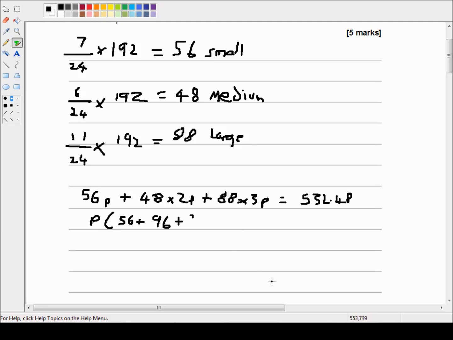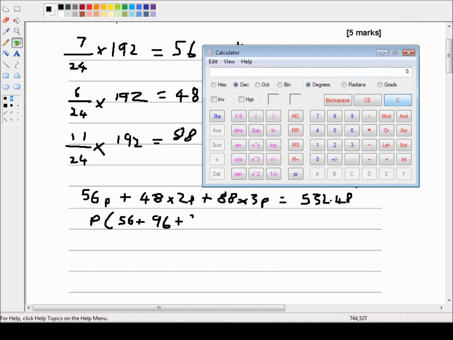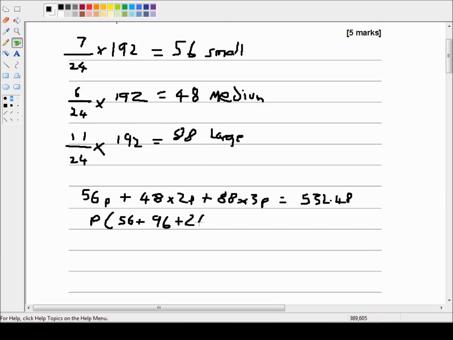No, I'm going to use the calculator, just give me a second. Okay, so I've got my calculator. So this is 88 times 3, I think it's 264, but I can't be sure. It is 264, I should have had the courage of my conviction. 264. Which is equal to £532.48.